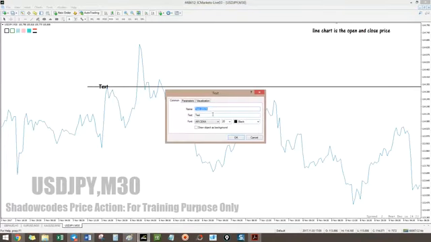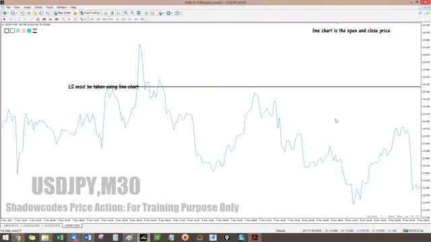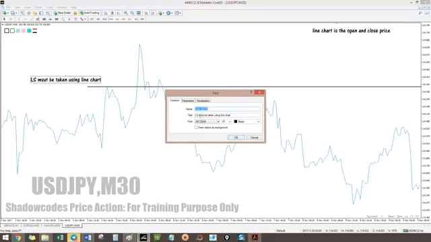LS must always be taken using line chart. I already made it simple. I do not want to use the words open and close price, because it looks really advanced and difficult, which might confuse a new trader.